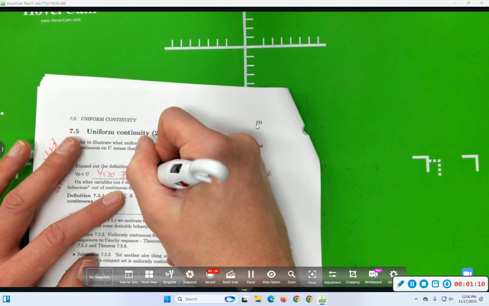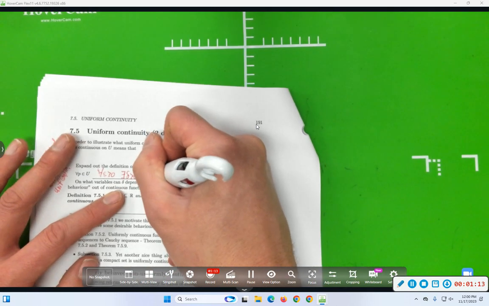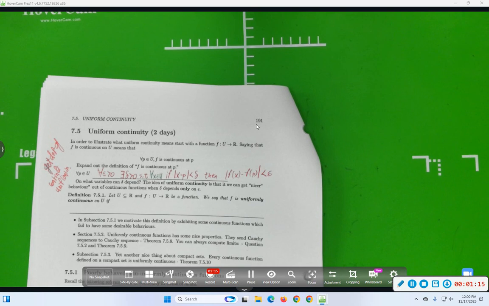And maybe I'll add a "for all x in U" right there. So there's some statement.